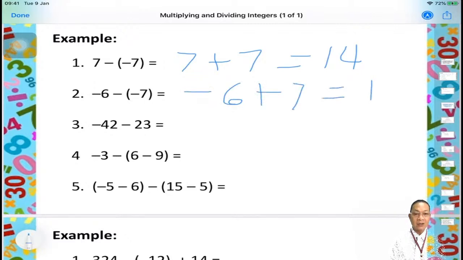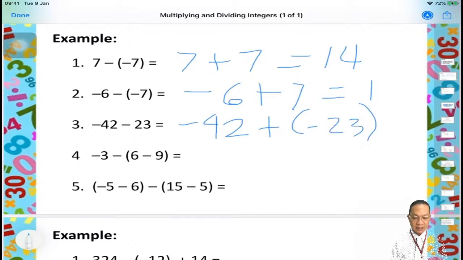The answer is 1. And we have number 3, negative 42 minus 23. So we have negative 42 plus a negative 23, which is equal to negative 65.